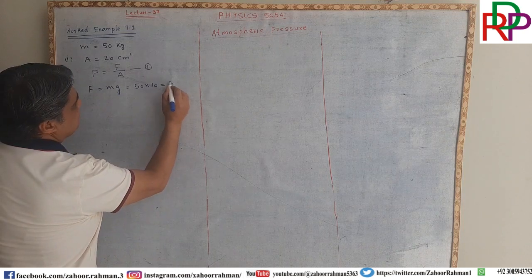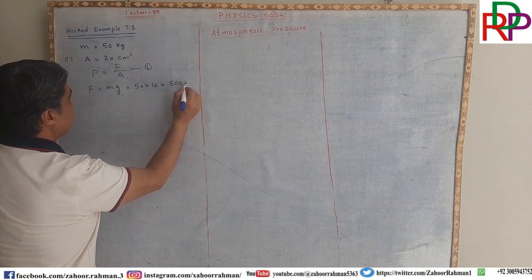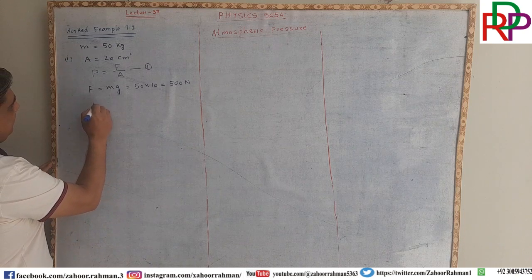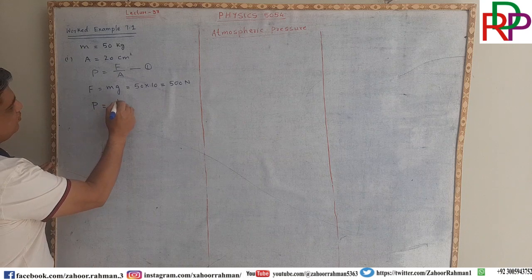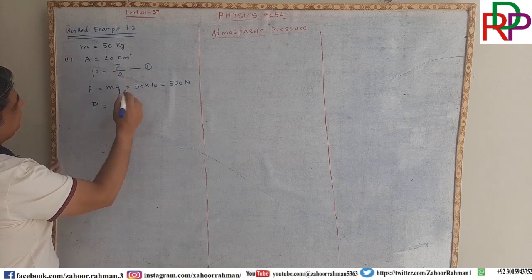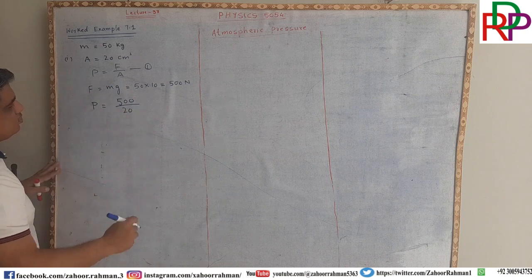So it means that 500 Newton is the force they are exerting on the ground. Now P is equal to 500 divided by the area.